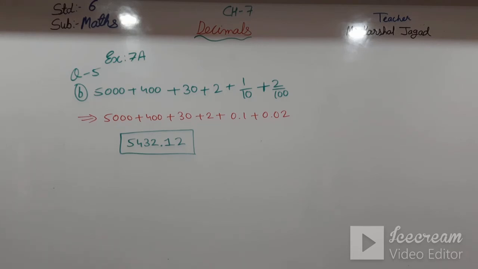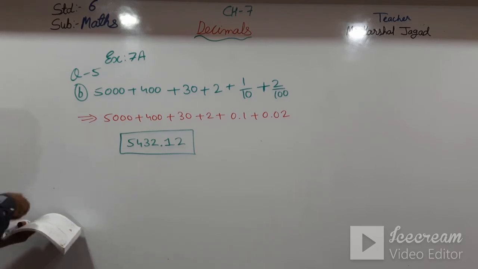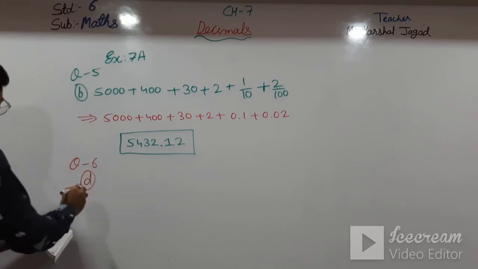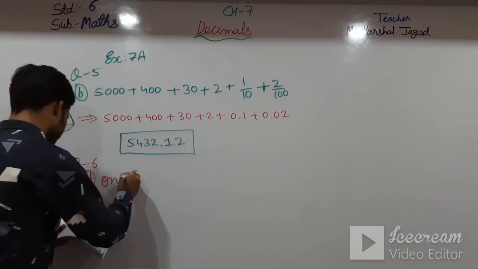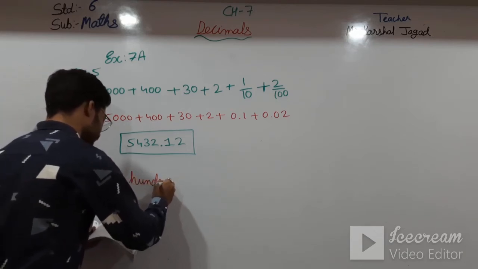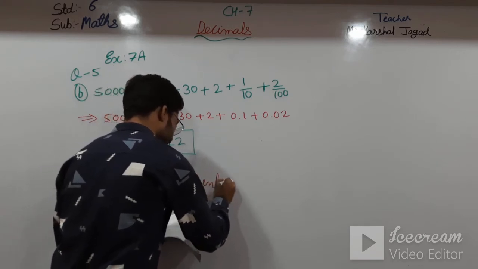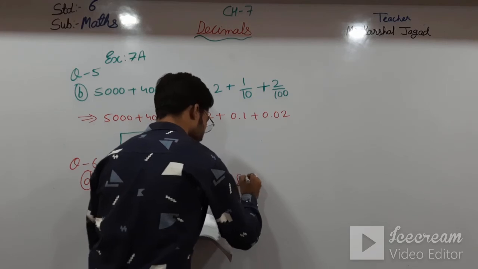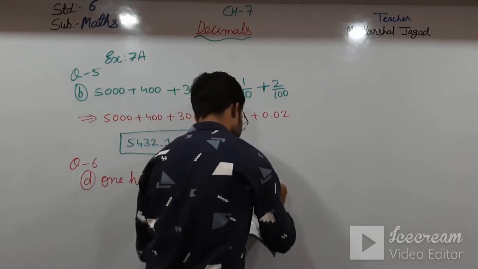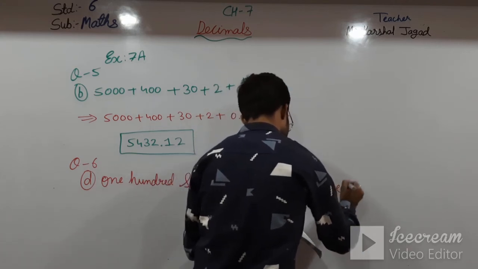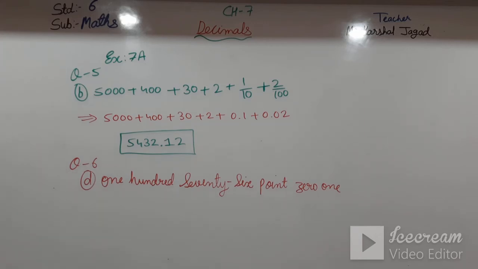Question number 6: write as decimal numbers. In question number 6, I am just doing one for you, D, that is 176.01.